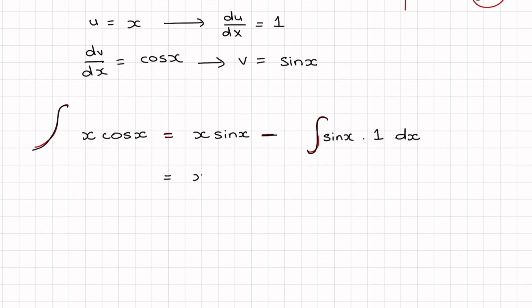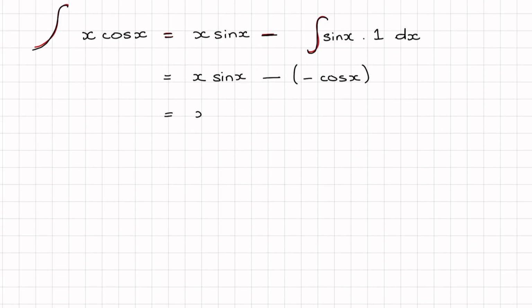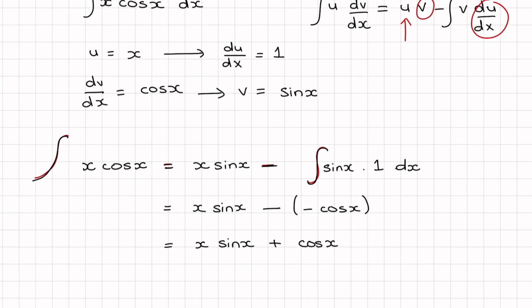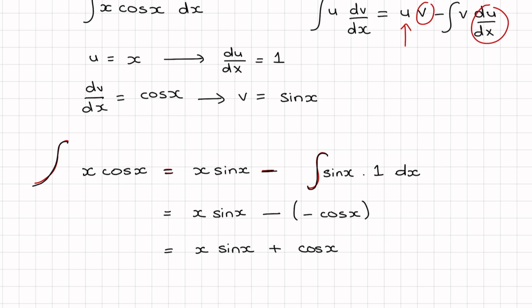Now, I'm going to evaluate this integral, the second term. So the integral of sine x is negative cos x, which just simplifies to x sine x plus cos x, which is the answer.